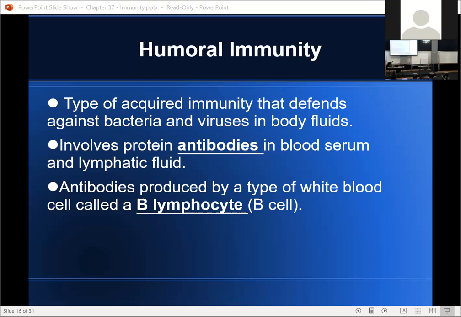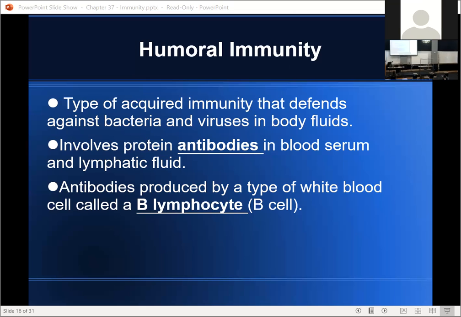But the word humor actually comes from the word for body fluids. So back in the old days, before modern medicine, people thought that your body humors or your body fluids affected your mood. So when people would ask, what humor are you in? They were asking, how are your body fluids affecting your mood, basically.